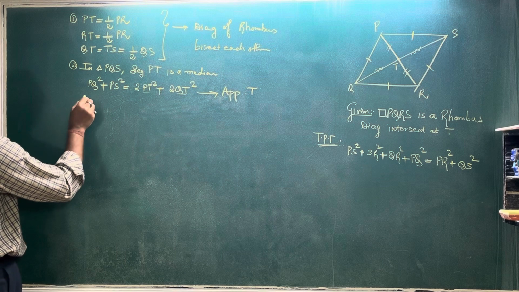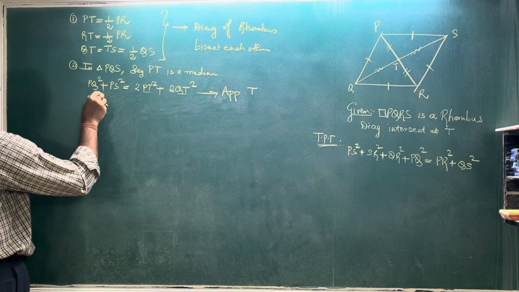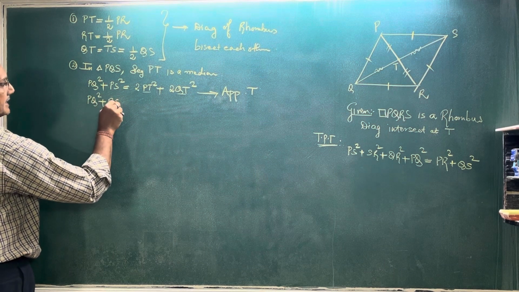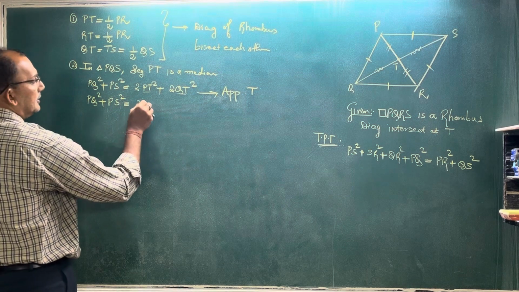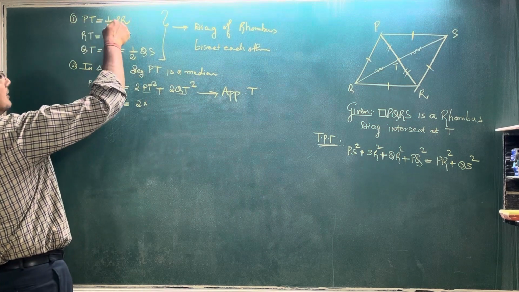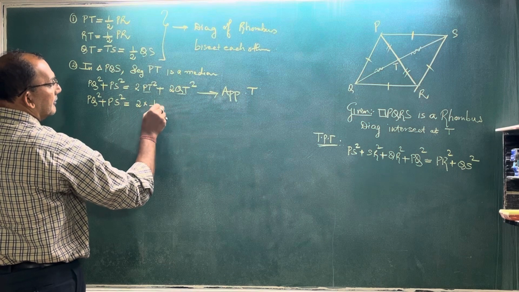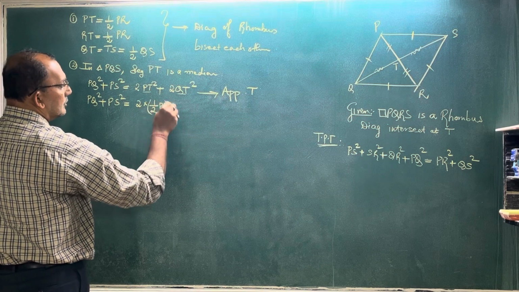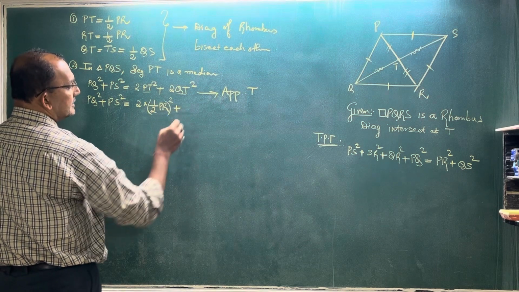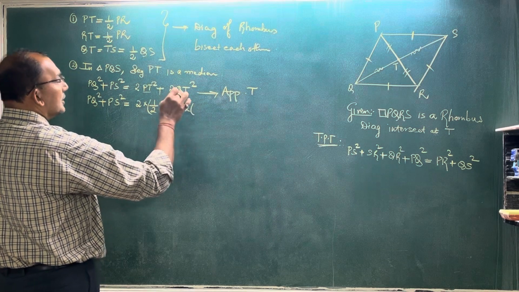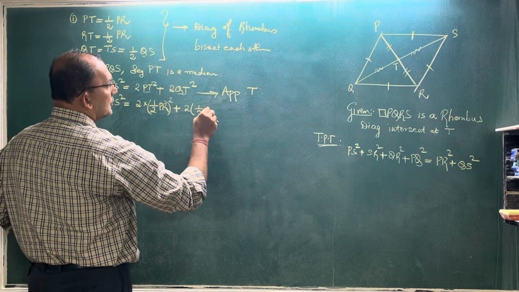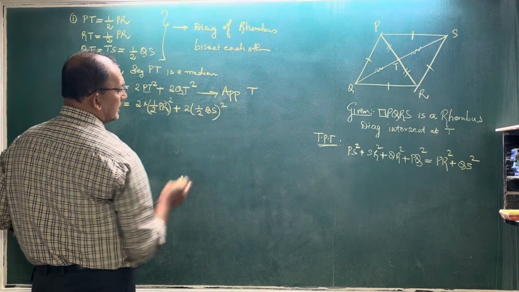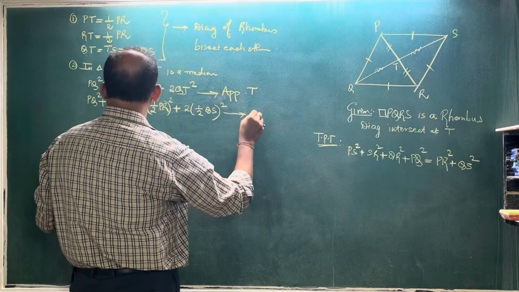Now I'll try to substitute PT's value and QT's value. So what I get is PQ square plus PS square is equal to 2 into PT, PT is half of PR, half PR the whole square, plus 2 into QT, QT's value is half QS the whole square. This I am getting from statement number 1.